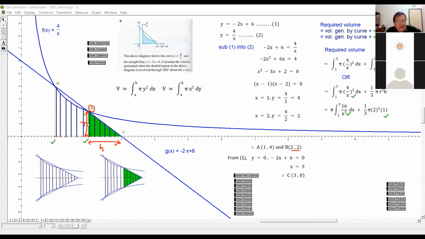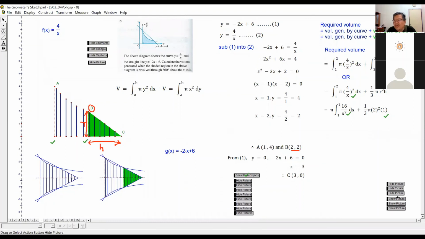The part which is under the straight line is the cone. I don't want to integrate the straight line, I just use the formula for the cone. Okay, so if it's okay, then we continue. I remove this line first.